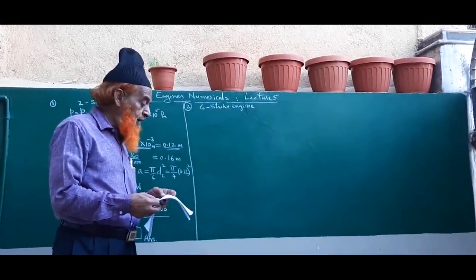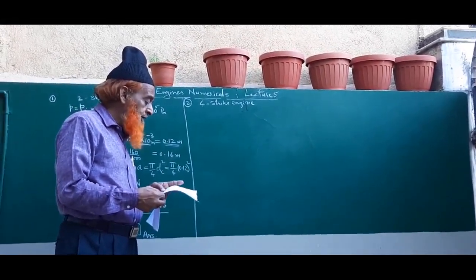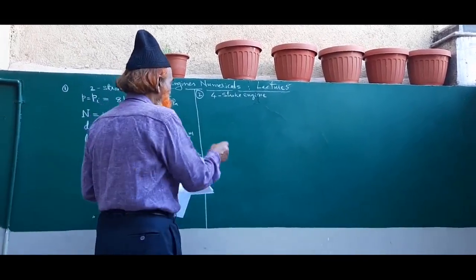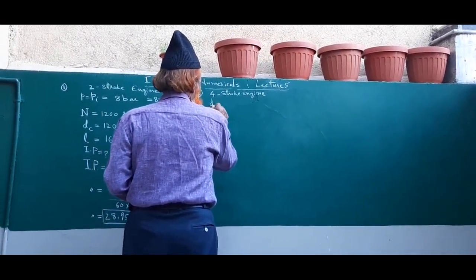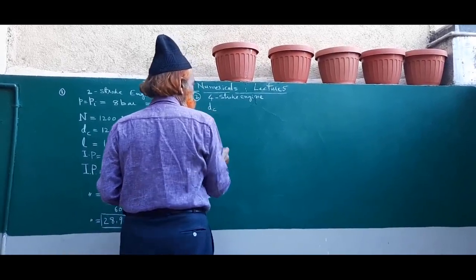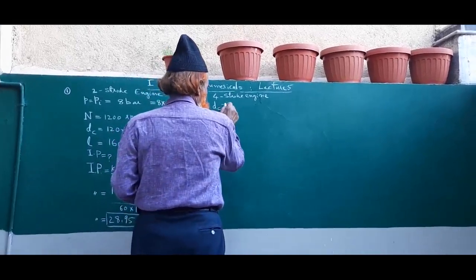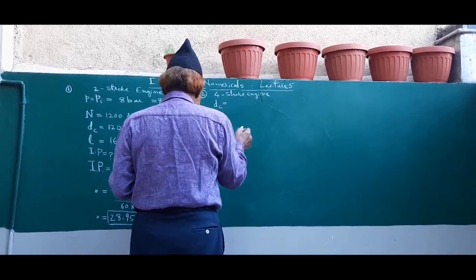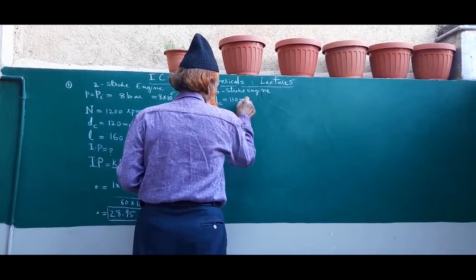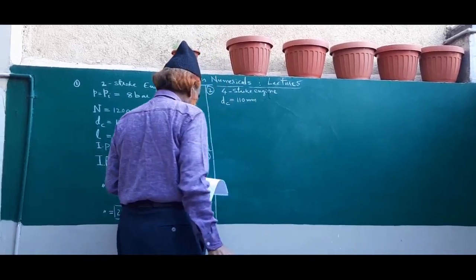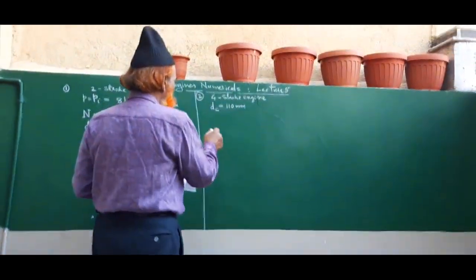Has a bore diameter of 110 mm. Bore dia, the notation we have used is DC. The cylinder dia is given as 110 mm. Note down with the notation, and stroke length 120 mm.